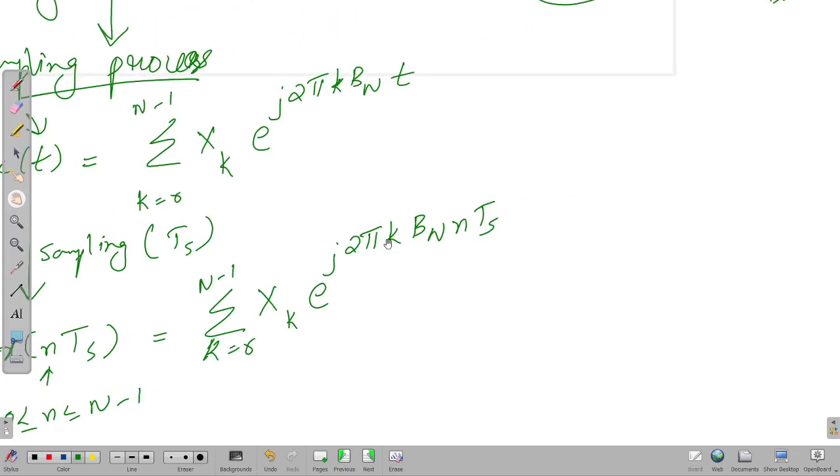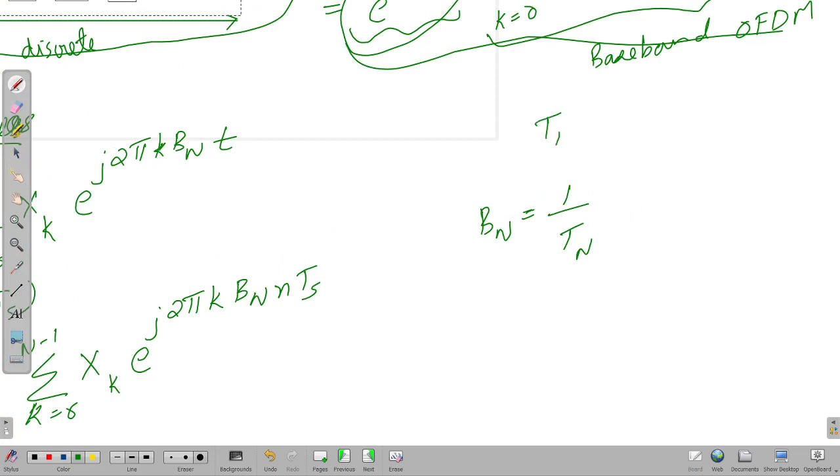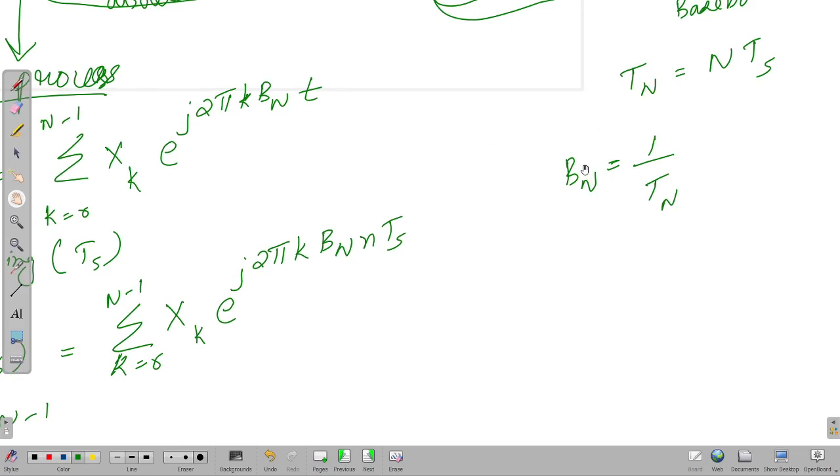You know that B_N is nothing but 1 by T_N, the time duration of the whole OFDM signal, which is equal to N T_s. So I can substitute B_N as 1 divided by N T_s.